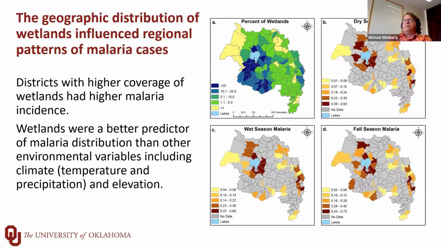So here in the mountains, there's typically an elevation cutoff, above which it's too cool for the mosquitoes and for malaria transmission. Here, though, interestingly, we found that these wetlands, this land cover variable, was a better predictor of malaria distribution than temperature, precip, or elevation. So that was an interesting finding. And it was good to know that we could get some worthwhile new information about malaria risk out of this land cover data set.